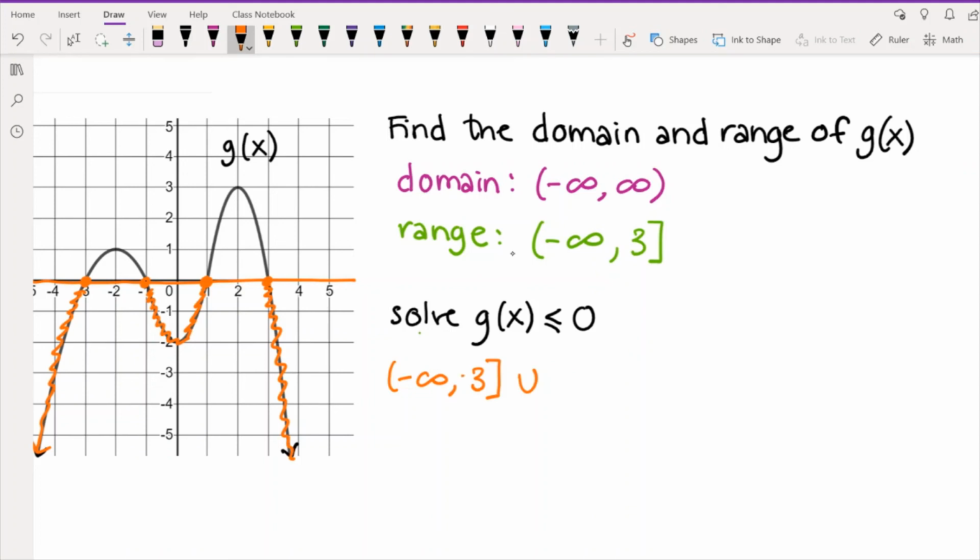Sorry, that's a negative 3, my bad. And then the next interval is negative 1 up to 1, including negative 1 and 1, because that's where the function actually equals 0. And then the final interval is everything from 3 onward. So 3 to infinity, again including 3.